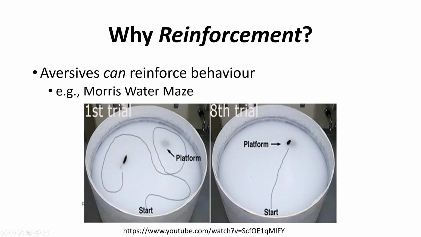Primary example of that would be a Morris water maze, where mice and rats can swim, but they really dislike it. So in a Morris water maze, there's a platform that they can locate, and as soon as they find it, they can get up out of the liquid. So they're going to be motivated to get out of the liquid because they don't like it. So over time, they learn to locate that platform much, much faster.